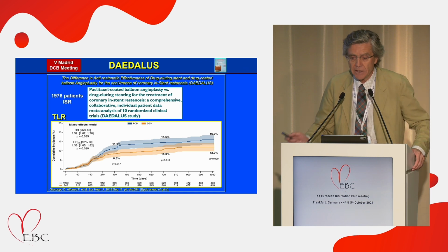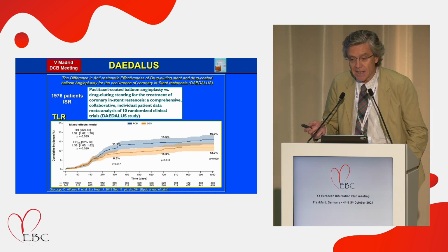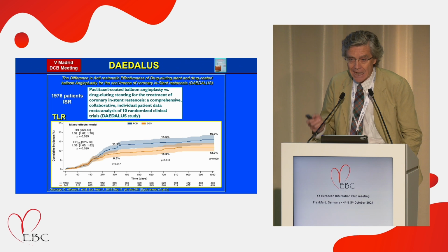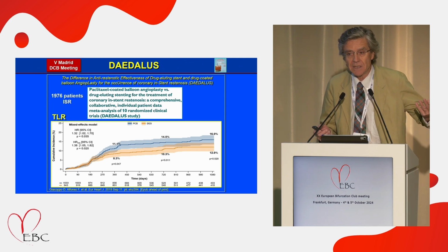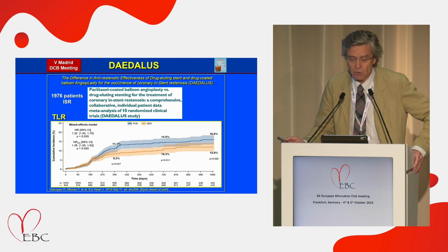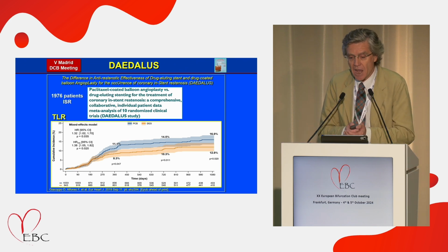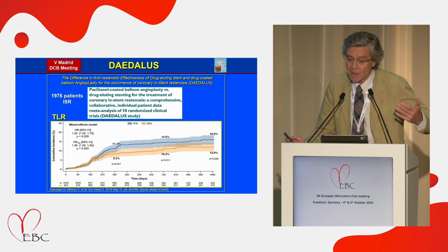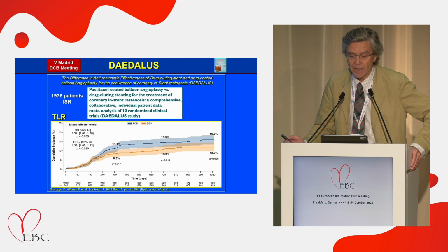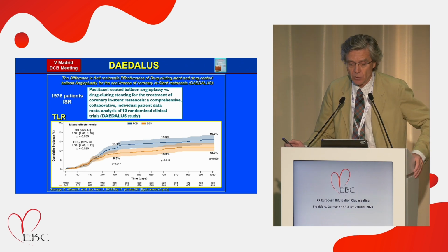We put together, this is a paper led by Adnan Kastrati, a patient-level meta-analysis with 10 randomized clinical trials with nearly 2,000 patients. And you see here how, when we compare drug-eluting stents with drug-coating balloon, there is a benefit regarding target lesion revascularization with the use of drug-eluting stents.